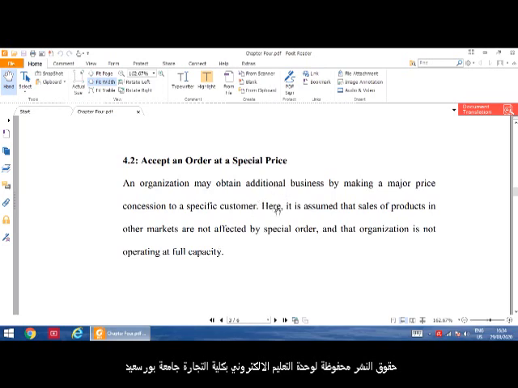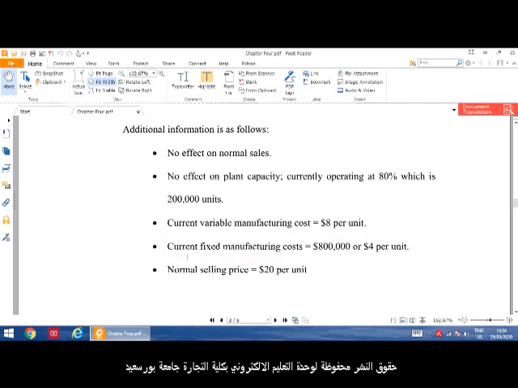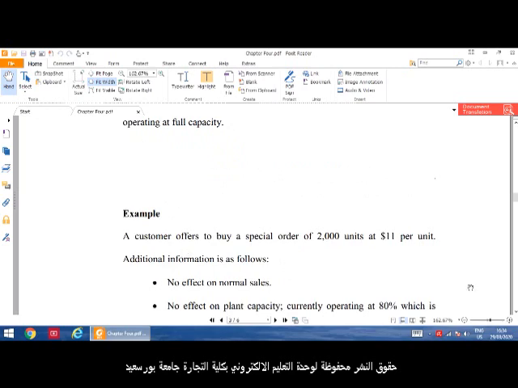Here we need to make a decision under these two conditions. Firstly, it's assumed that sales of products in other markets are not affected by a special order, and the organization is not operating at full capacity. Here is an example.